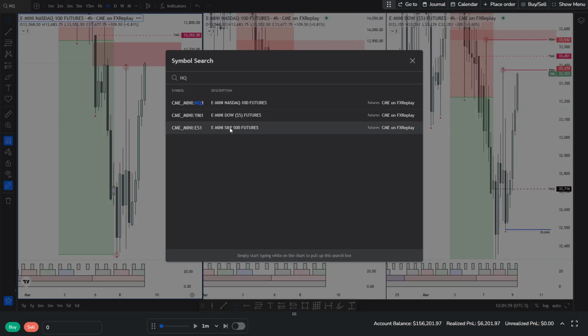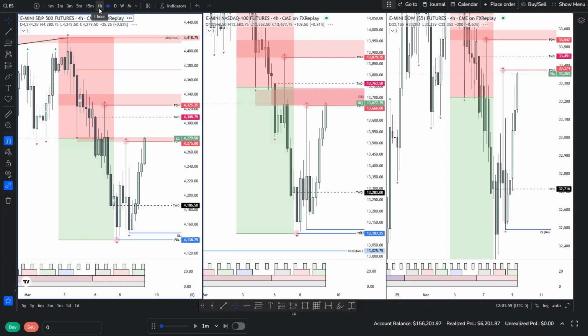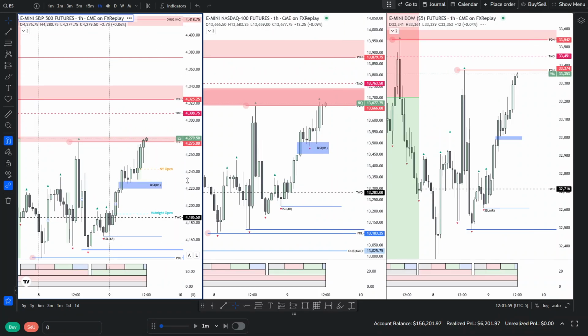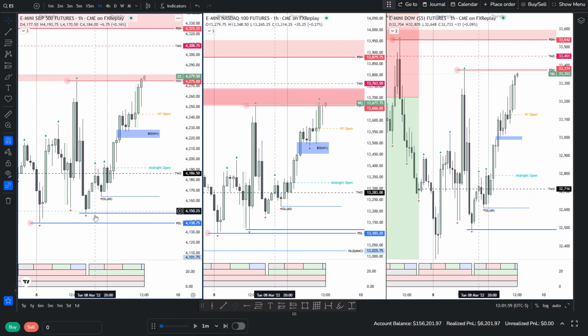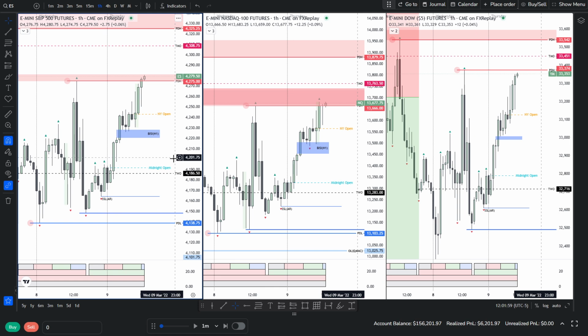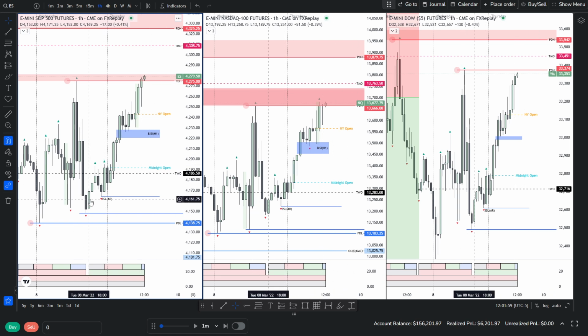Not sure why it keeps doing that, but oh well. Okay, we're back. Looks a bit better. Yeah, so no framework at the lows. Market repriced higher.